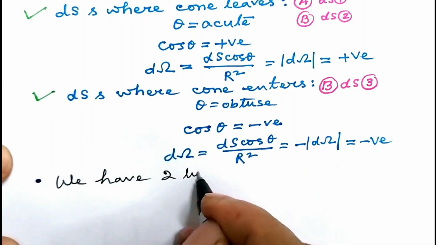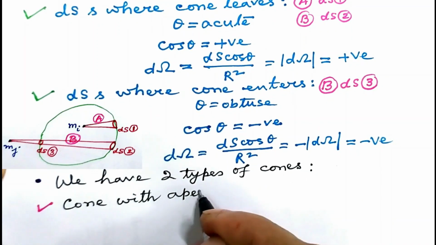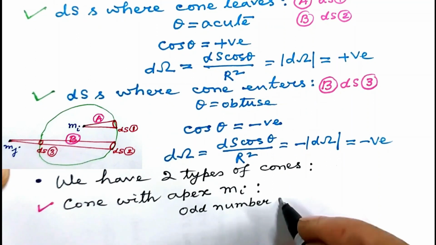We have 2 types of cones. One type of cone is with apex mi, that is, vertex lying inside the surface S, and they cut through the surface S an odd number of times. In other words, cones starting from mi as vertex have an odd number of cuts.